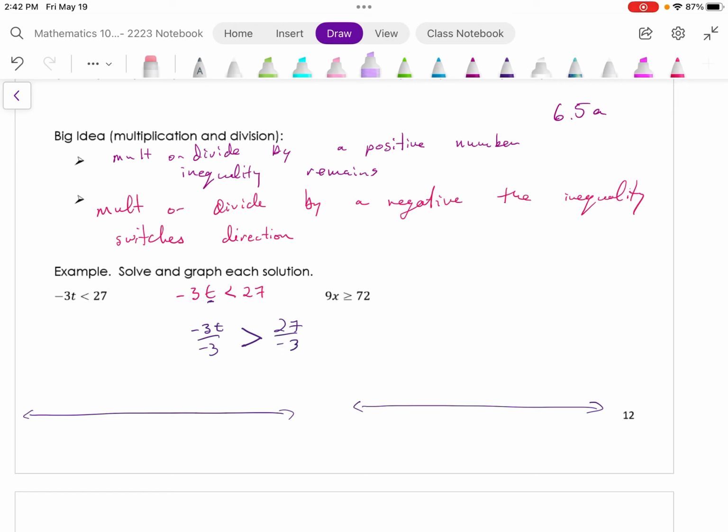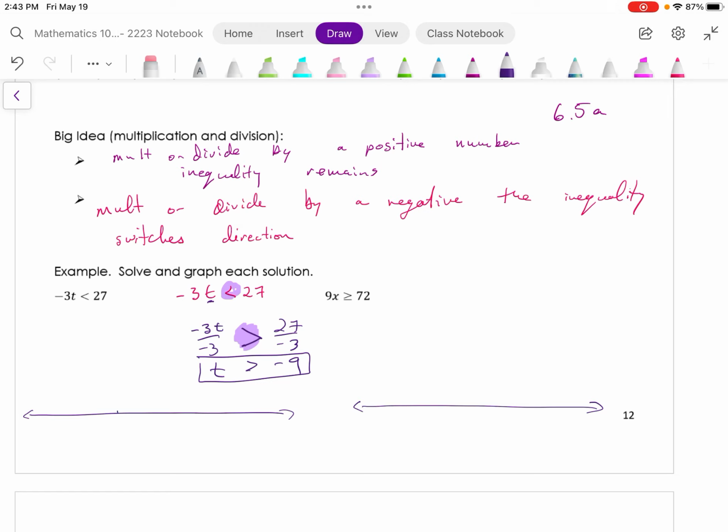Notice how I divided both sides by negative 3. The direction of the inequality does change. So if I solve this now, t is greater than negative 9. There's my solution to this.